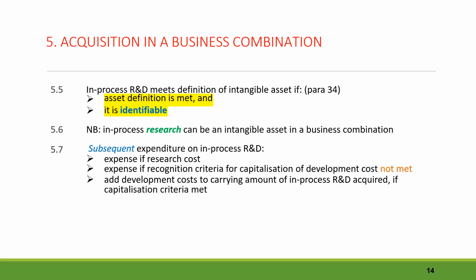If the development criteria are now met, then any development costs are added to the carrying amount of the intangible asset. But whilst it's still under the research phase, those costs are expensed, which we will be going into more detail when we're doing internally generated intangible assets.